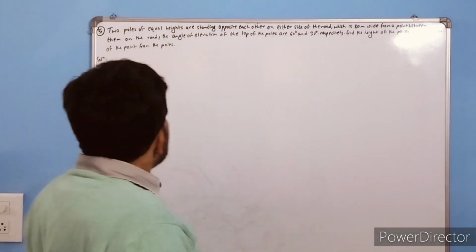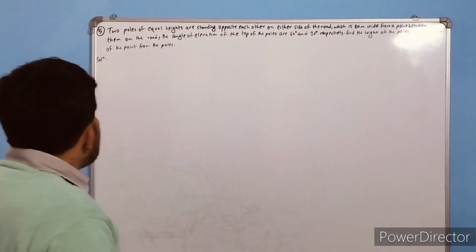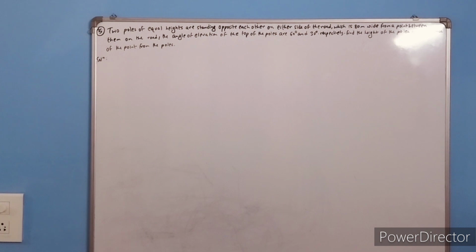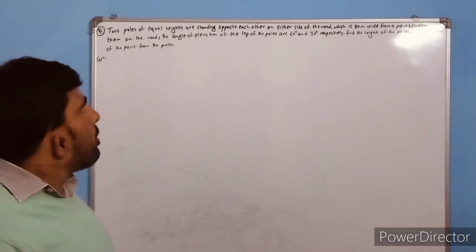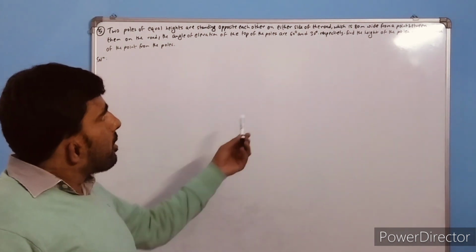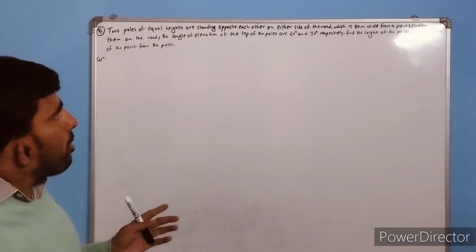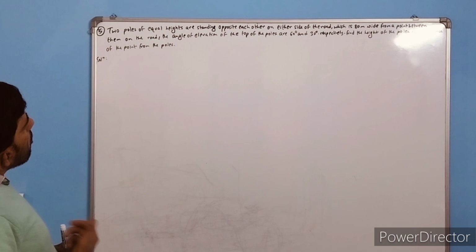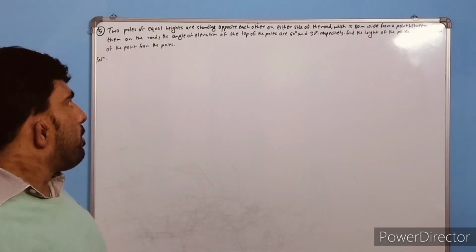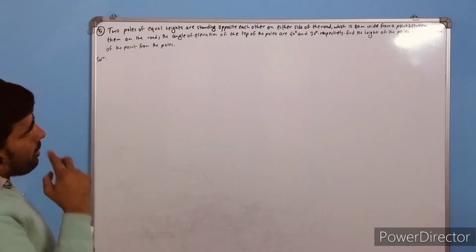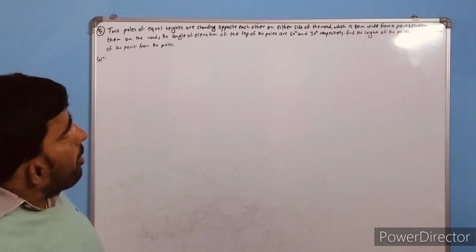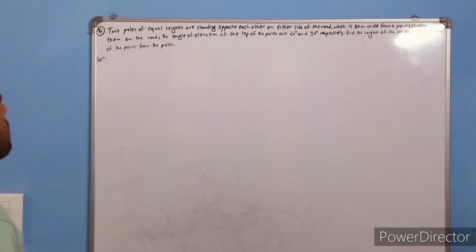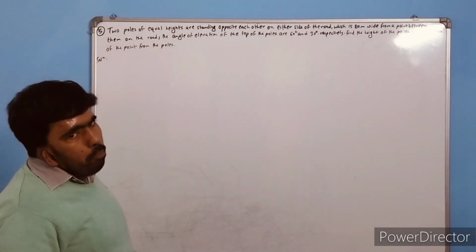Let us see. The question is given: two poles of equal heights are standing opposite each other on either side of the road, which is 80 meter wide, from a point between them on the road. The angles of elevation of the tops of the poles are 60 degree and 30 degree. Find the height of the poles and the distance of the point from the poles.